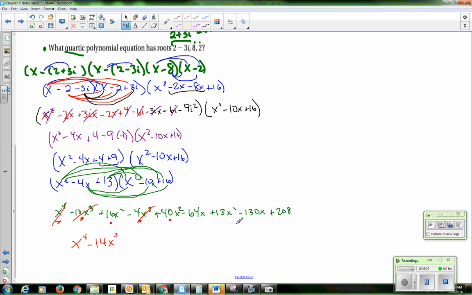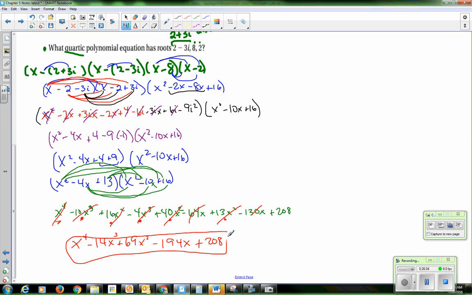X squareds: 16 and 40 add to give us 56, plus 13 is 69x squared. X: negative 64 minus 130 is negative 194x, plus 208.